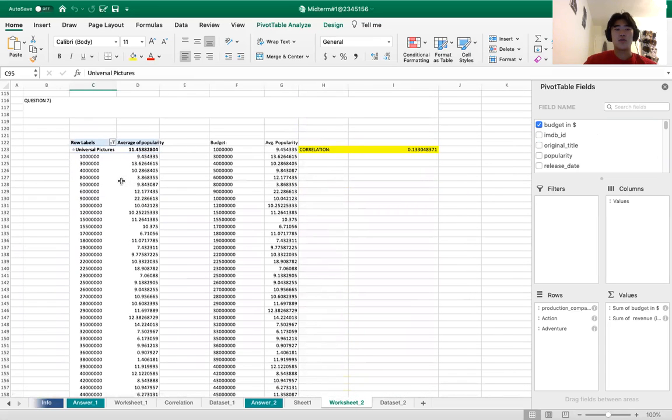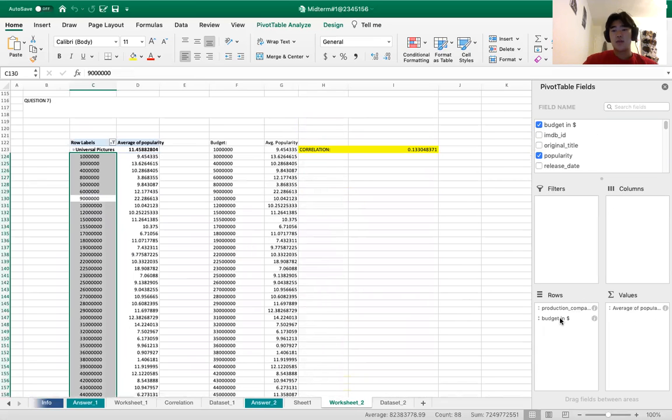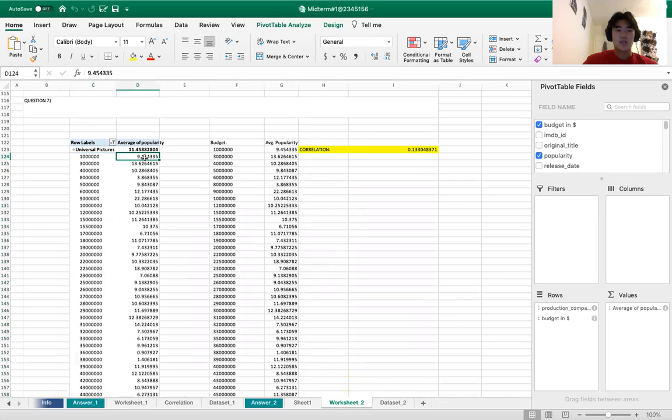And in order to find a correlation coefficient, I needed 2 quantitative variables, and those 2 quantitative variables were my budget in dollars, which you see in this column, and then in this one is my average popularity. So average popularity per each one of the budgets.